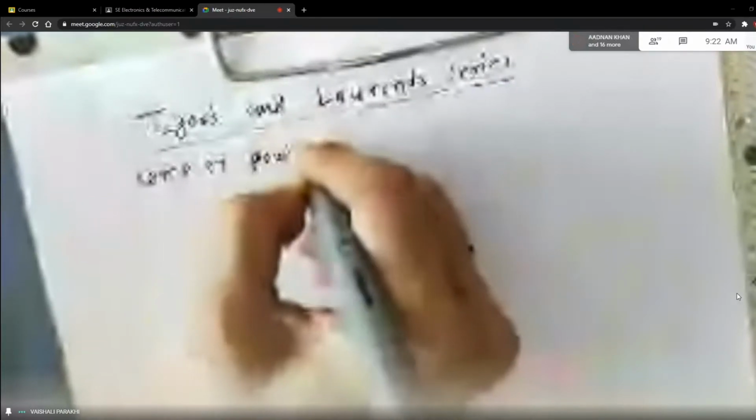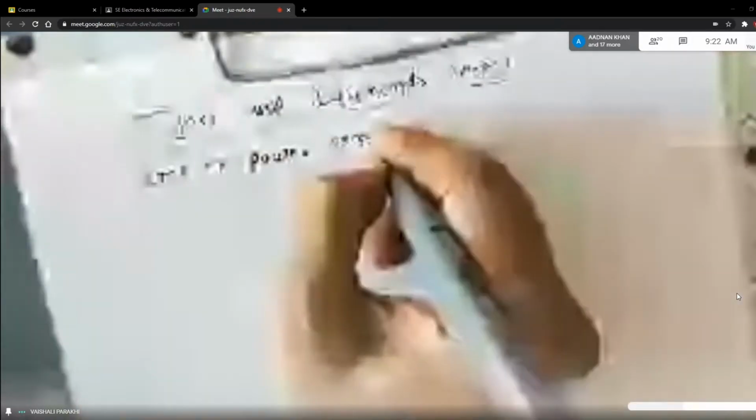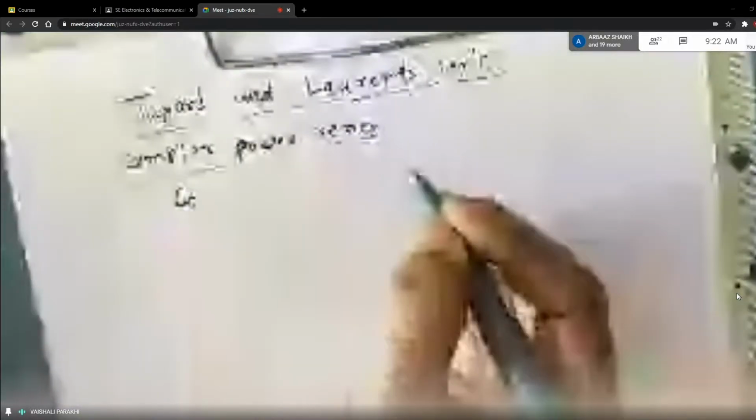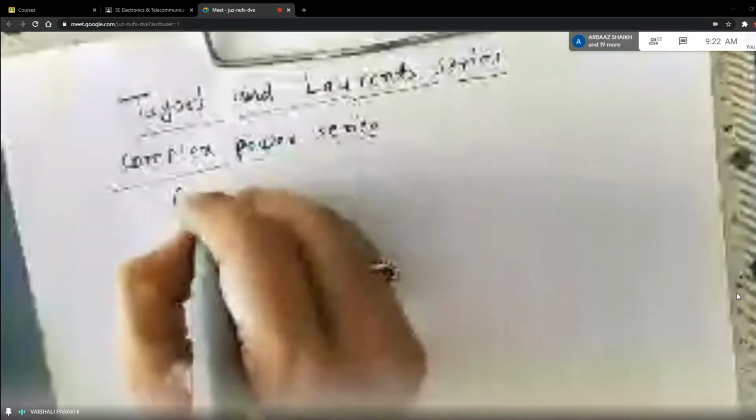Now first of all you need to know what is the complex power series. It will be definitely with Z, right, where Z is a complex number.